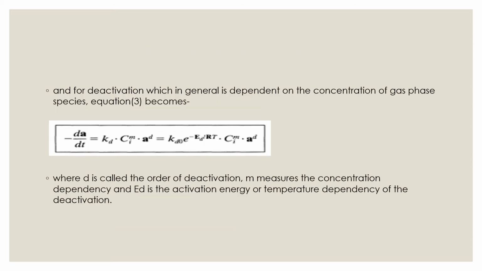And for the deactivation, which in general depends on the concentration of gas phase species, equation 3 becomes the given equation: minus da by dt is equal to k_d times C_i^m times a^d, where d is called the order of deactivation, m measures the concentration dependency, and E_d is the activation energy or temperature dependency of the deactivation.